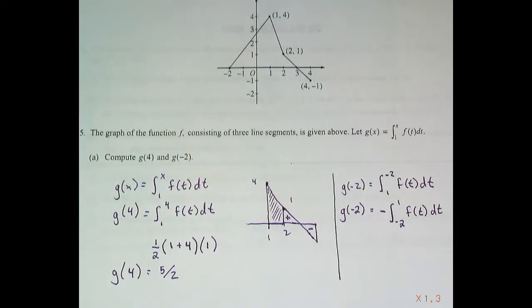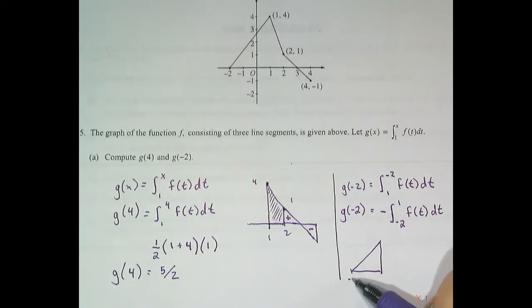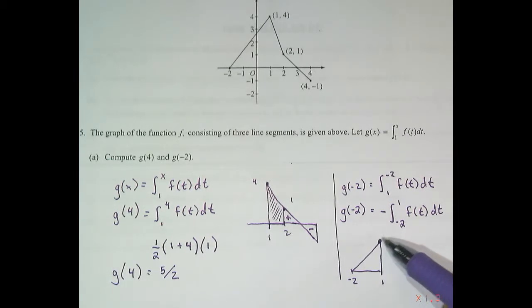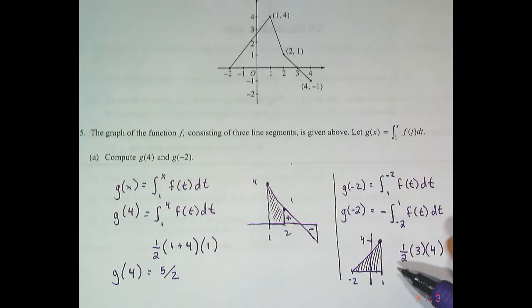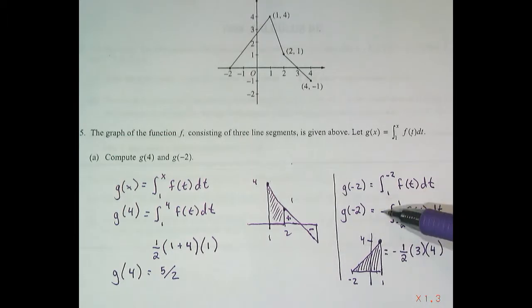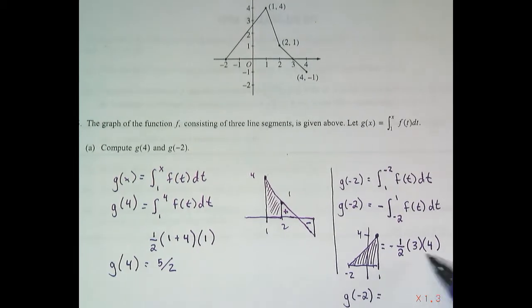And now we're working forward, and from negative 2 to 1, we have a triangle that has a base of 3 and a height of 4 units. So that triangle there, we can use the triangle formula of 1/2 of the base times the height, carry along the negative, and we get a net area of negative 6.